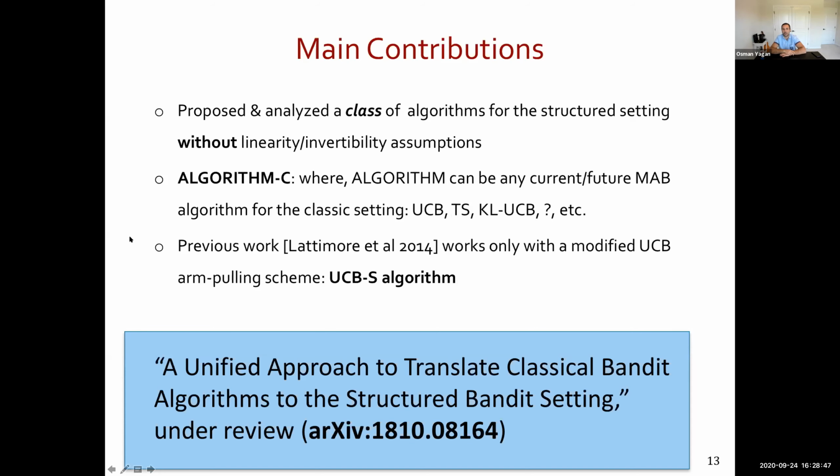And this is in contrast with Lattimore's approach, where they were able to only extend the UCB-like algorithm to the structure setting. And the work we have done here is actually also motivated by Lattimore's work, where after providing this algorithm, they argued that it's going to be much more interesting to see other extensions of classic algorithms to the structure setting. But so far, they couldn't see a way of achieving that.